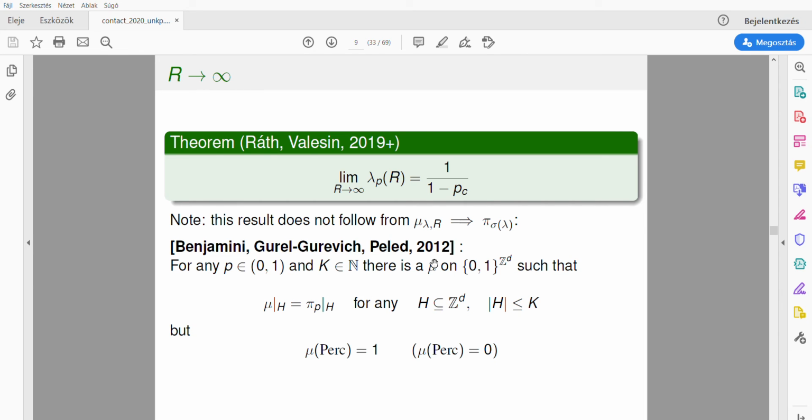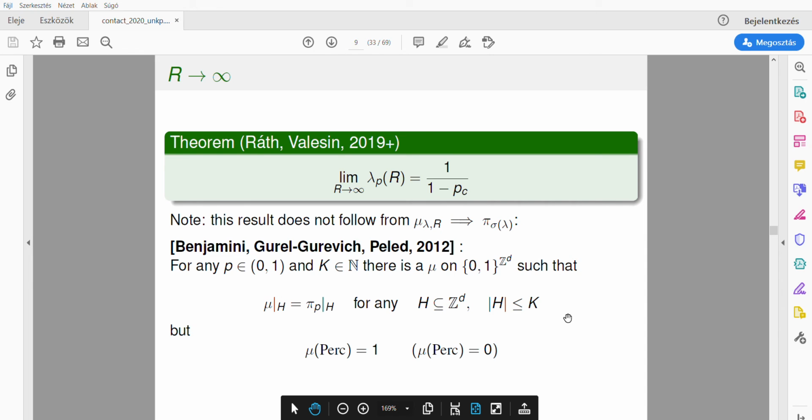However, this measure is not Bernoulli product measure, despite the fact that if you look at only the joint distribution of k sites, it looks like Bernoulli percolation. Nevertheless, it's different to the extent that you can prescribe such a measure such that it percolates, or you can prescribe such a measure such that it does not percolate.